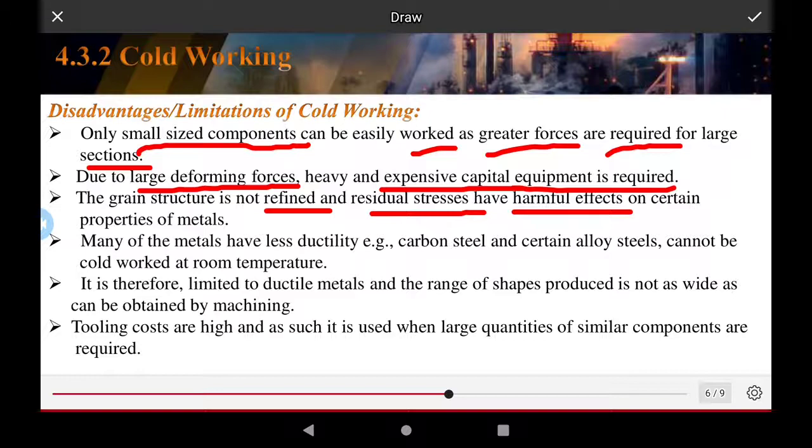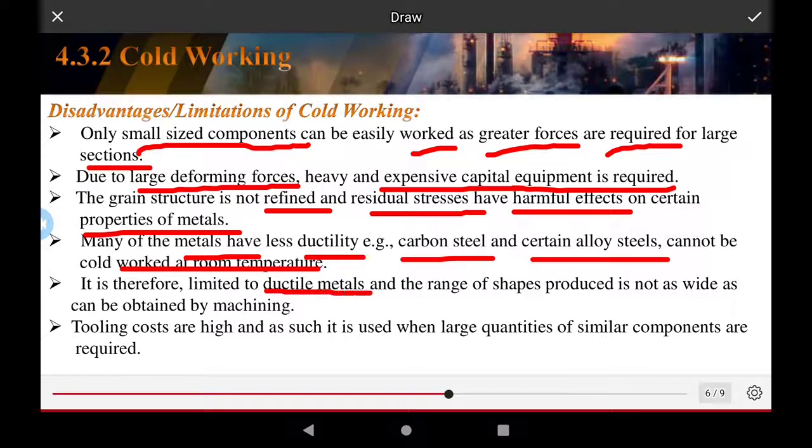Residual stresses have a harmful effect on certain properties of materials. Many metals have less ductility. Carbon steel and certain alloy steels cannot be cold worked at room temperature, so it is limited to ductile metals.